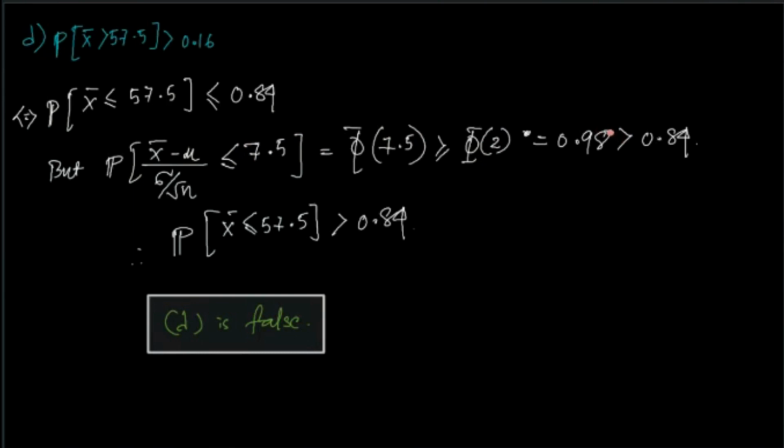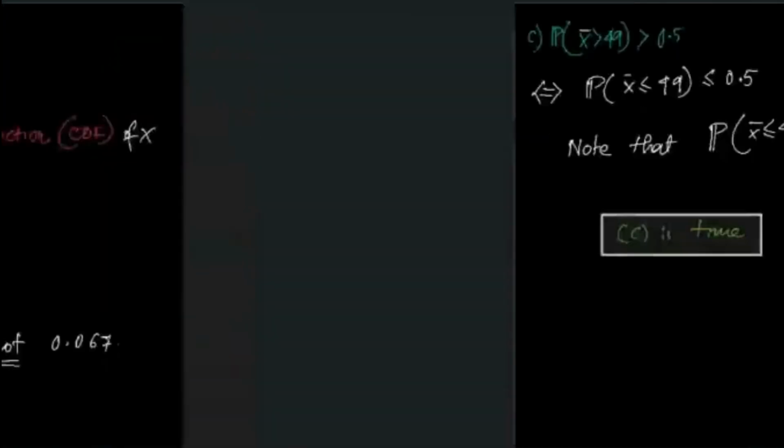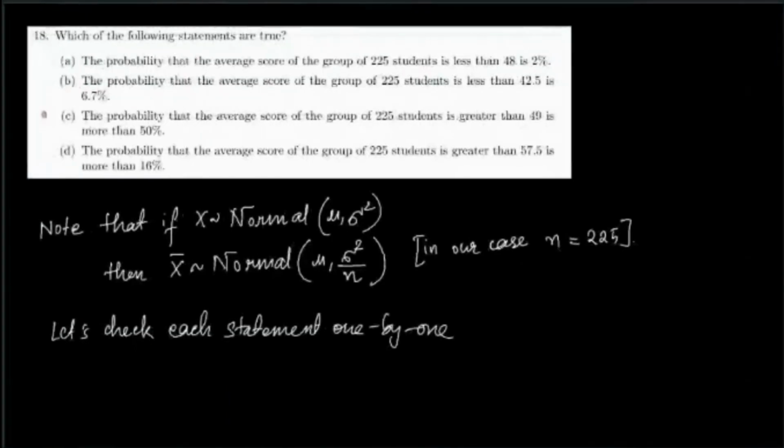So phi of 7.5 is much greater than 0.98, probably something less than 1. And 0.98 is greater than 0.84. So this probability is greater than 0.84, and this statement doesn't hold. So D is false.